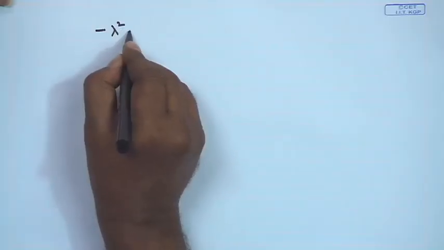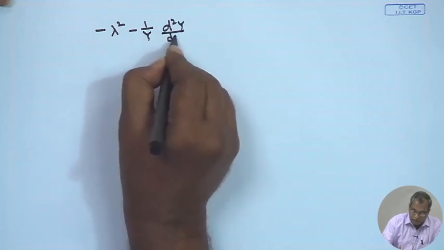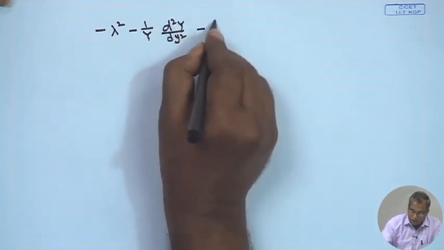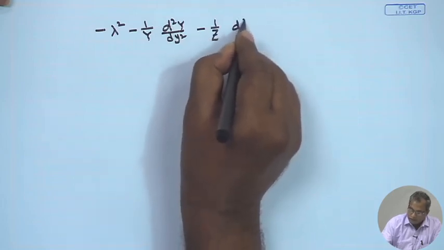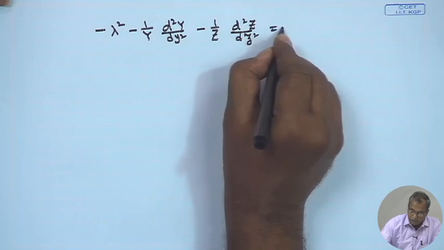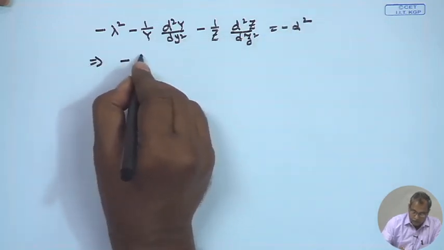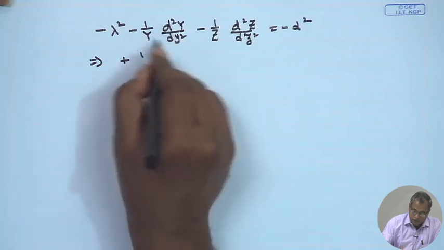Now, let us look into the y varying part. Minus lambda square minus 1 over Y d square Y dy square minus 1 over Z d square Z dz square is equal to minus alpha square. So, we take this one to the other side.